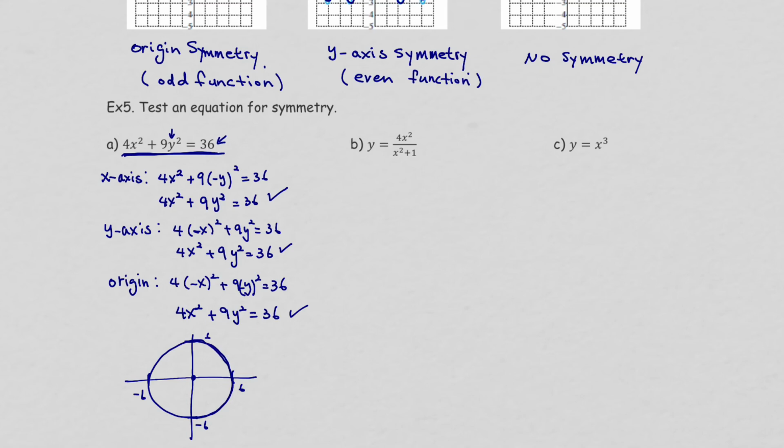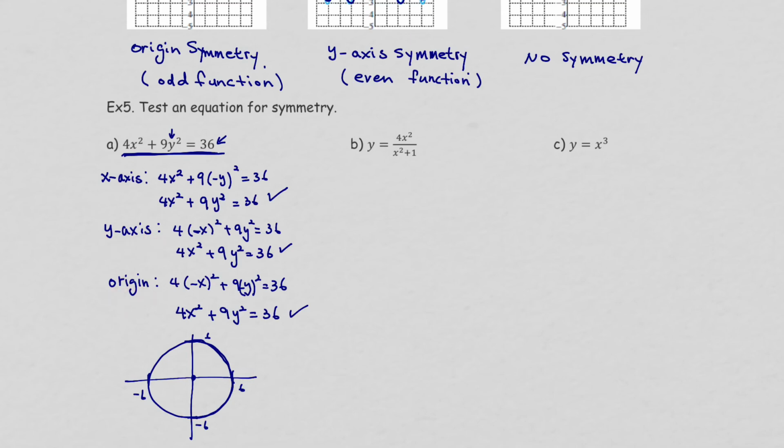Wait, let me highlight it. So that's why it is x-axis symmetry. This line right here matches that line, which will be origin symmetry. This line matches this side, which will give you y-axis symmetry. Because it was a circle starting from the origin, it was able to have all types of symmetry.